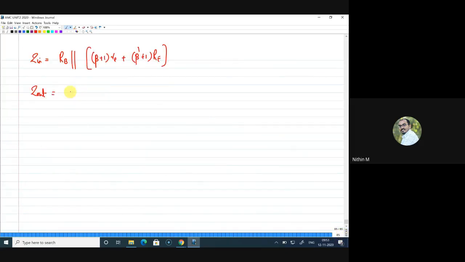Okay, so let me write it in this form: Re dash plus (1 plus Gm into Re dash) into R0, the entire thing in parallel to RC. Let me write what this Re dash is also. This Re dash is nothing but (beta plus 1) into Re. All right. So any doubts?